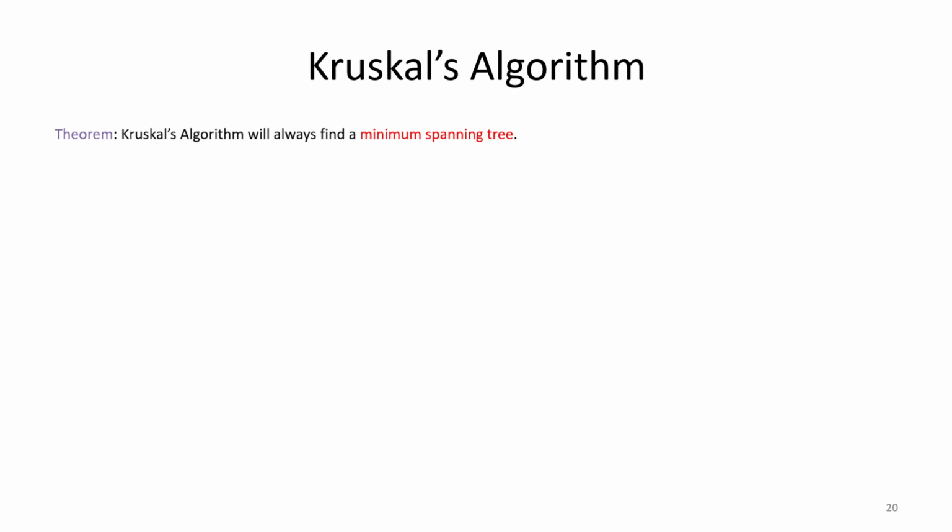Now, like in our proof for Prim's algorithm, we're going to rely on the cut property that we proved the lemma for in the previous video. Remember what this cut property says.